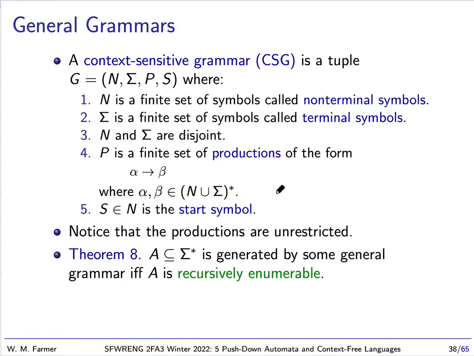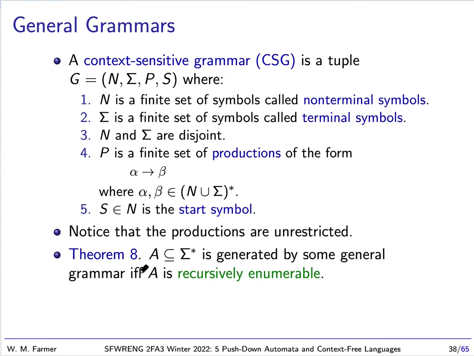So productions are completely unrestricted, and in particular, beta could have length less than alpha. This is not the case for context-sensitive or context-free grammars. In those grammars, the length of the right-hand side of your production is always greater than or equal to the length of the left-hand side. But here, productions can make things bigger, and also make things smaller.